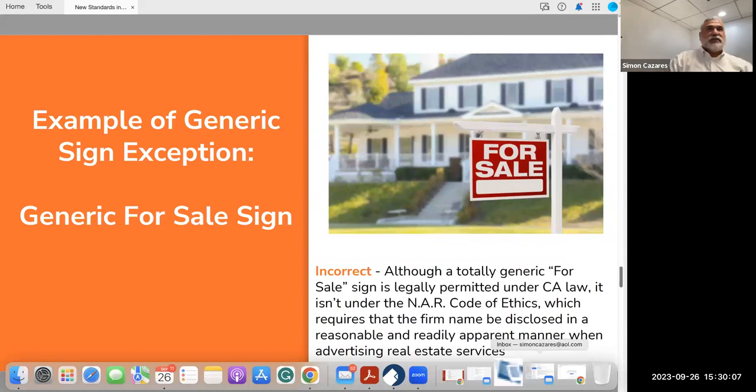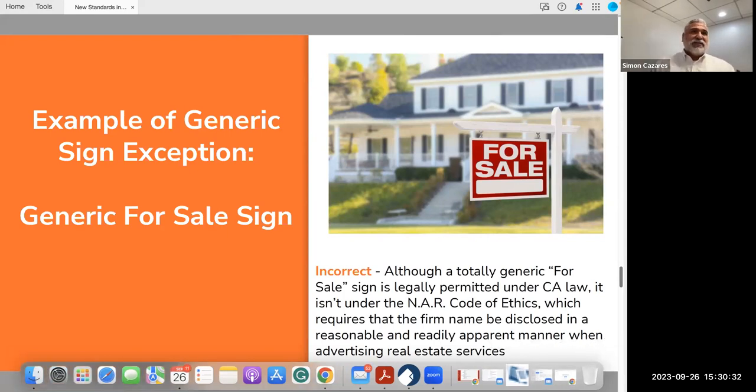Let's just say that you were in a different company. They can rebrand all that and put a label that covers everything, and now it shows Keller Williams. Even these generic for sale signs, if you wanted to brand them, the companies out there now have the equipment to put all of that information, which will be a lot cheaper than buying the actual for sale sign or the directional sign as well.